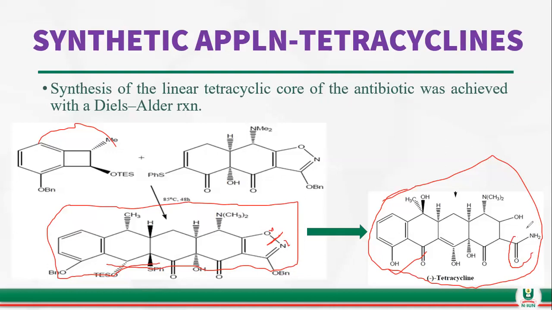Is that 5-membered ring that opens up to form that. That's why tetracycline has 4-ring system, 1, 2, 3, 4. But the intermediate that was formed by this other reaction at 85 degrees centigrade for 48 hours is having 1, 2, 3, 4, 5. So the last one here opens up, then you get tetracycline.